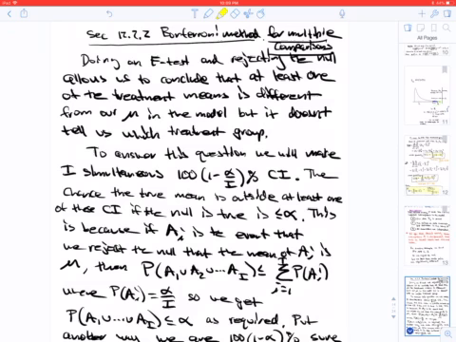So to reject the null means that at least one of the confidence intervals does not contain mu, right?